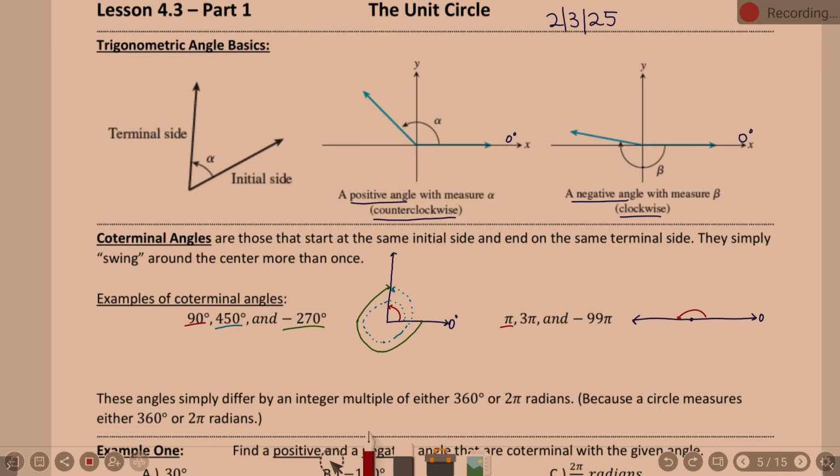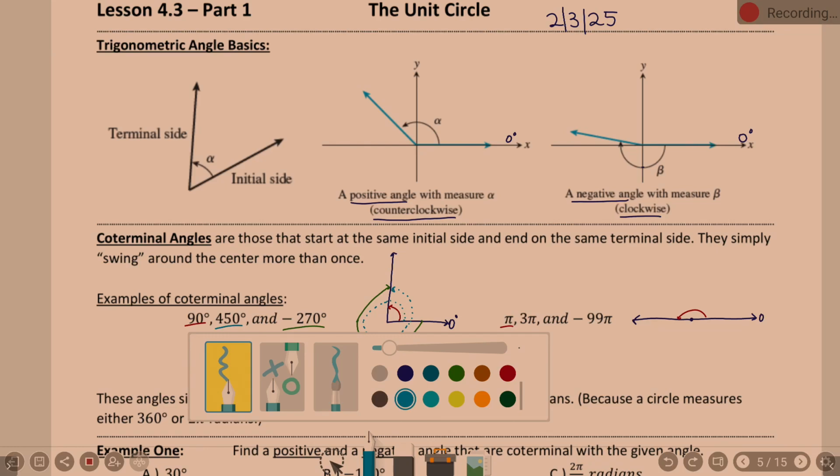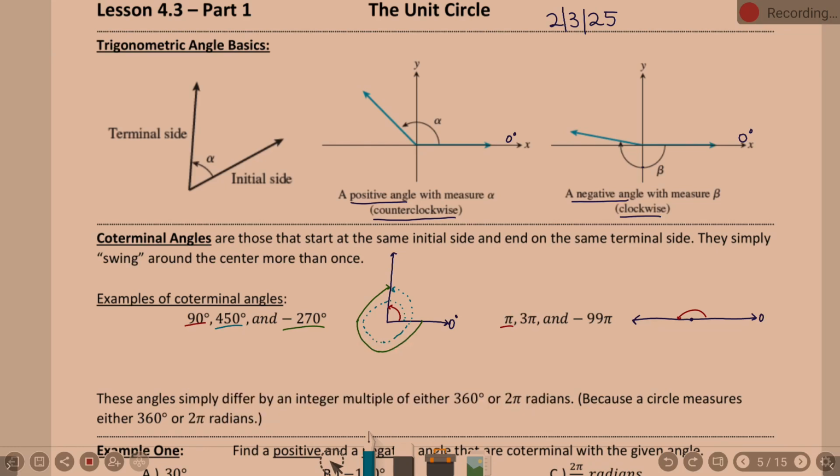What about 3 pi? Supposedly it's the same. What's 3 pi going to do? It's positive, so again, we're going the same direction, yes? Okay, so we're going counterclockwise. Right here I'm at 1 pi because I'm going halfway around the circle. Now, what happens when I continue and go the other halfway around the circle?